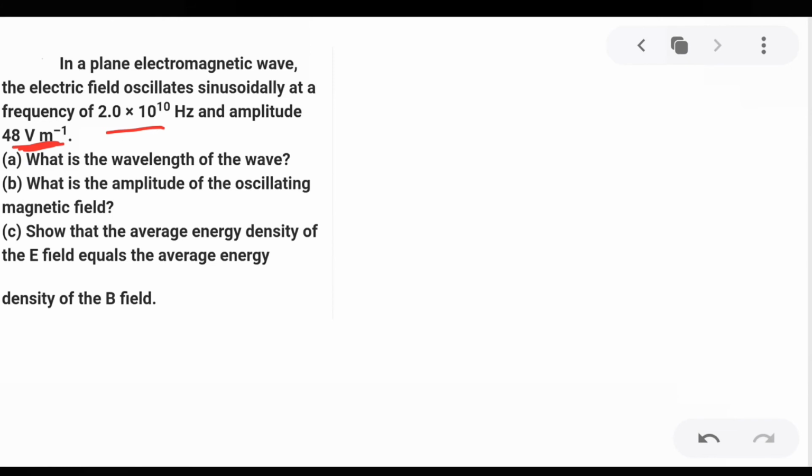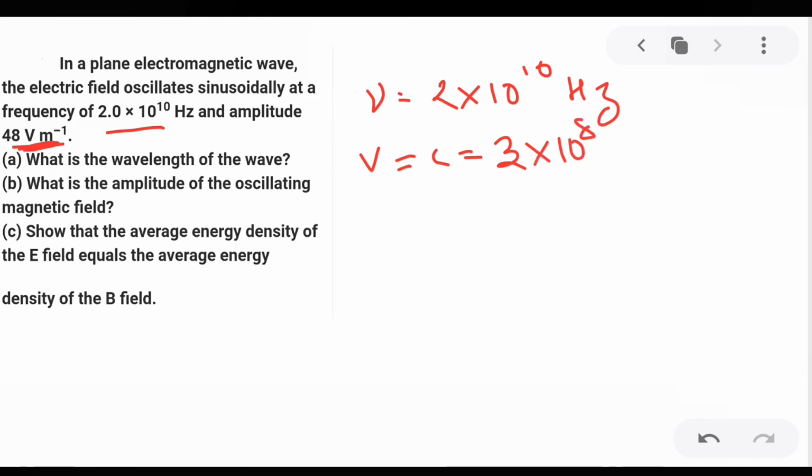Frequency is given, 2 into 10 power 10 hertz. Since it is an electromagnetic wave, its velocity will be equal to c, that is 3 into 10 power 8 meter per second.